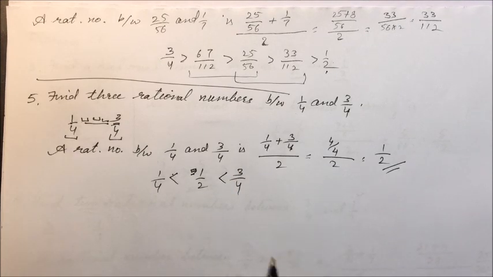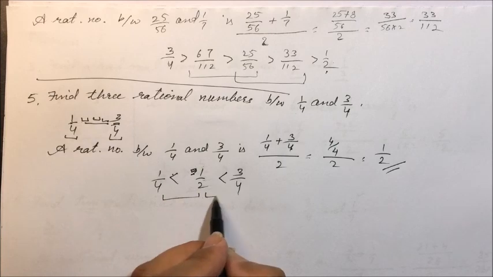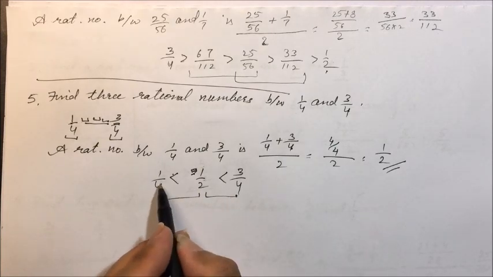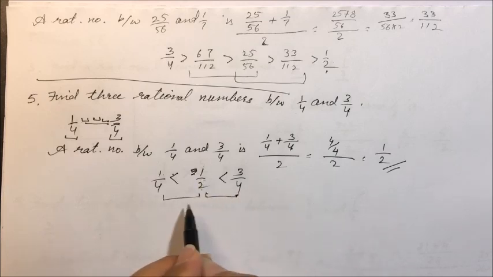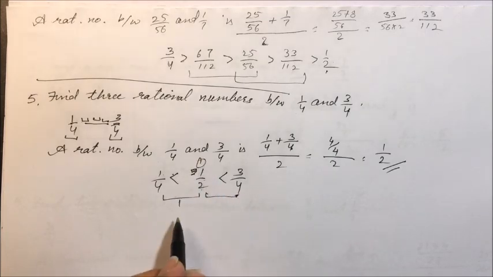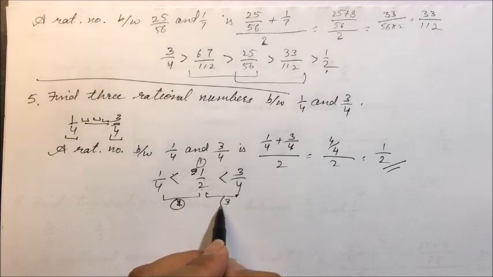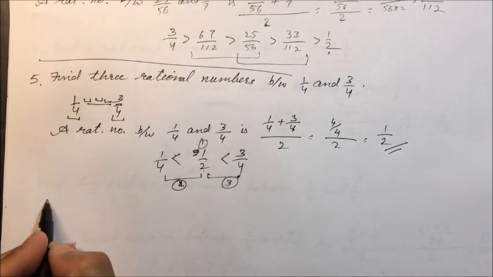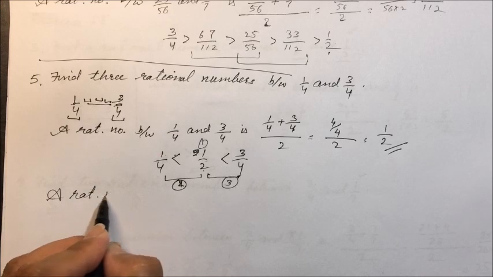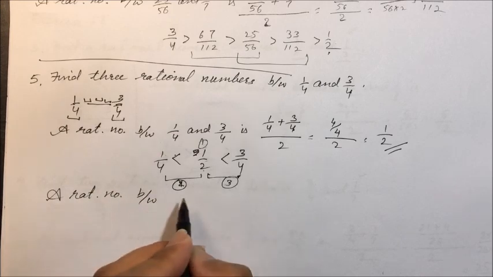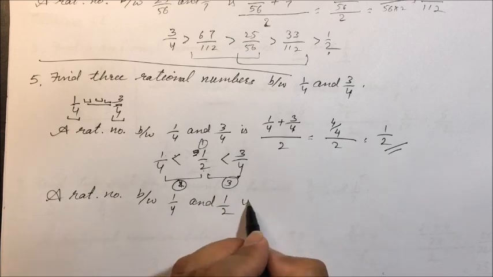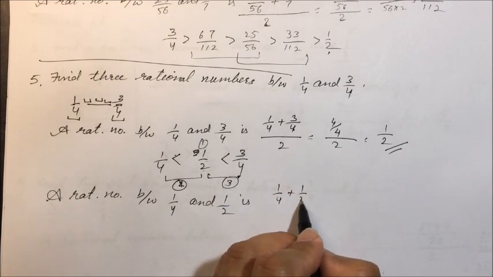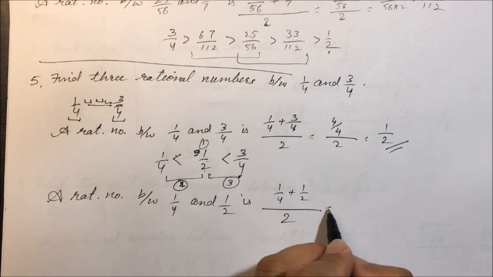Now one we have already inserted, two more we need. One we can insert here, one we can insert here. So one between 1 by 4 and 1 by 2, the other between 1 by 2 and 3 by 4. So a rational number between 1 by 4 and 1 by 2 is 1 by 4 plus 1 by 2, divided by 2.